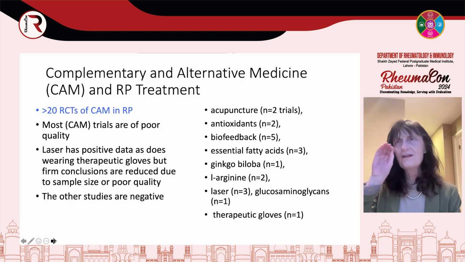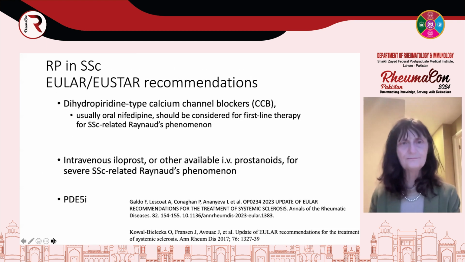Obviously, therapeutic gloves of any sort can be helpful. So in other words, wearing gloves that compress your fingers might help. Wearing mittens keeps your fingers even warmer. But most of the complementary medicine doesn't work. Lots of small trials where placebo is as good as active treatment.